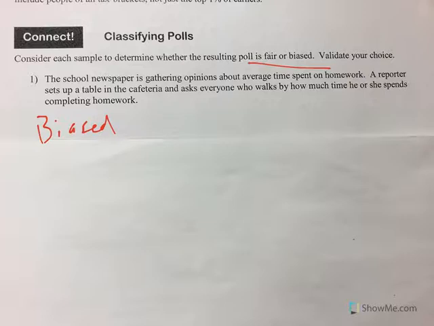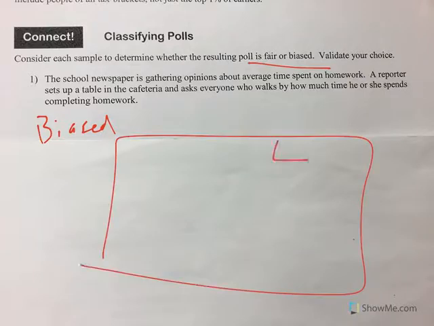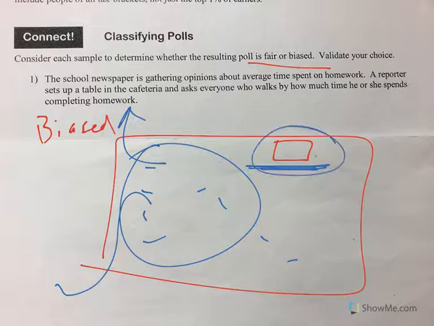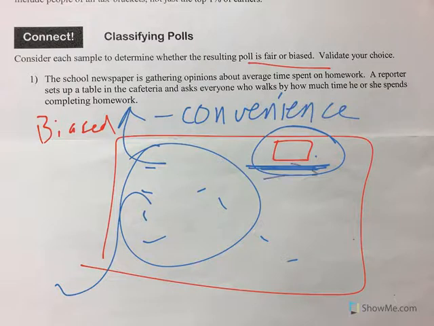So you're only talking about people who are at your lunch, and okay, here's the cafeteria, and here's your table. If people walk by you here, you're going to ask them a question. But what if people don't walk there, right? There's tables all over. What if these people put their stuff here and then walk out the back door? So it's biased because it's convenient. This is what we would call a convenience sample, because you're only talking to the people who come near you.